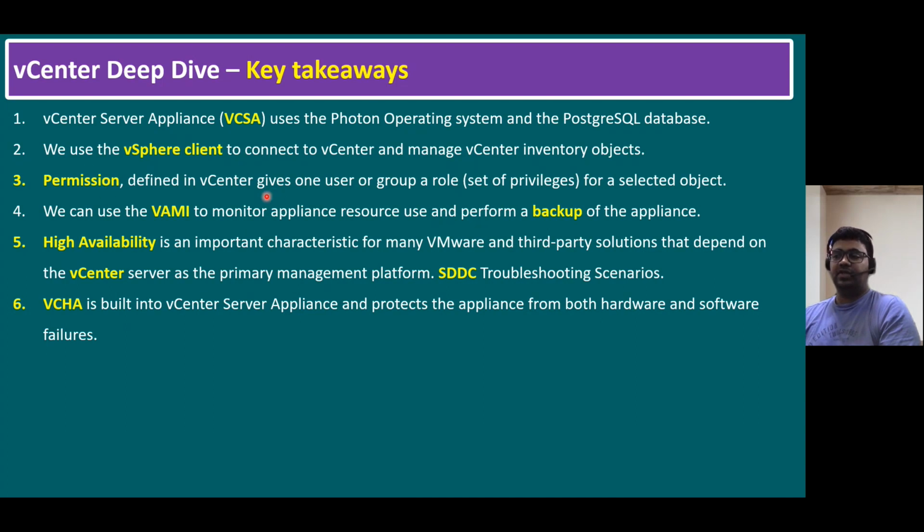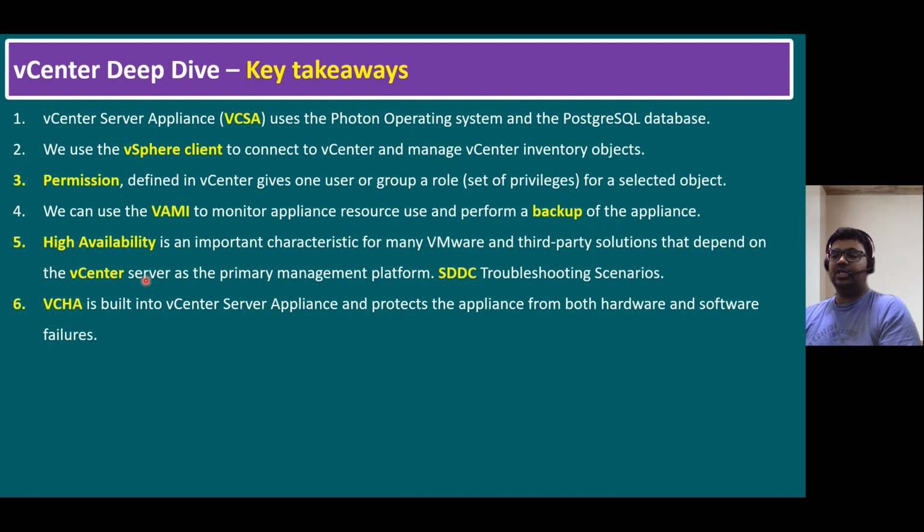So permissions defined in vCenter give one user or group a role. Role means a set of privileges for a selected object, and we can use VAMI, the vSphere appliance management interface, or vCenter server appliance management interface, to monitor appliance resource use and perform a backup of the appliance. This option we verified today. And high availability is an important characteristic for many VMware and third-party solutions that depend on vCenter server as the primary management platform. Hope you understand this point.